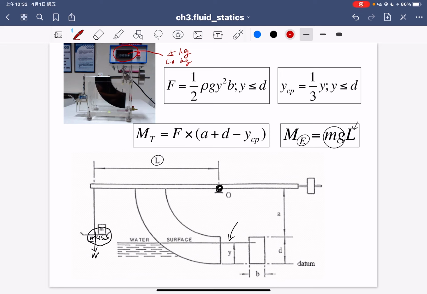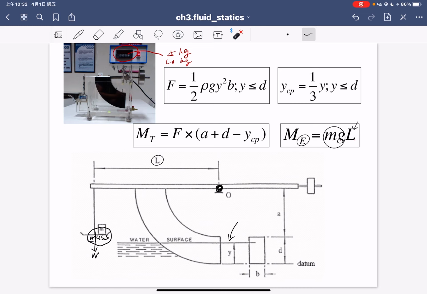So you can read the digital weight from the machine, and you can compute the mgL numbers. So this is our experiment moment. And the left-hand side in here is the theoretical moment. You can compute it when you understand the hydrostatic equations.